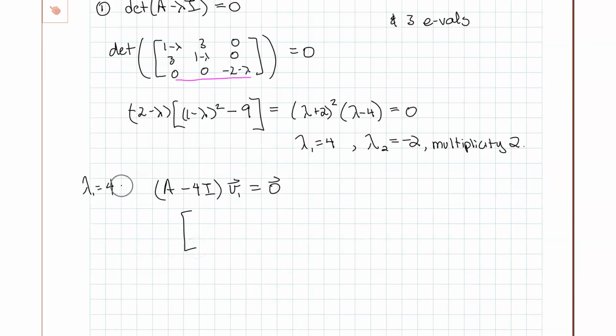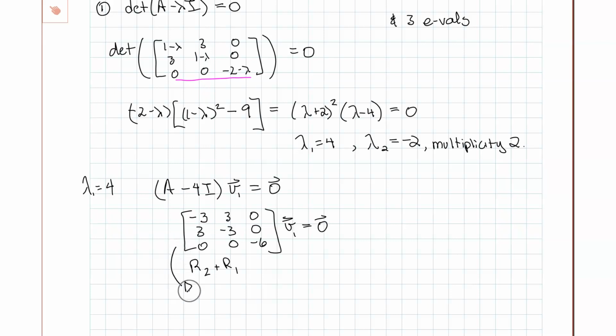And if we plug lambda equals 4 into our equation, we'll get negative 3, 3, 0, 3, minus 3, 0, and 0, 0, minus 6 times eigenvector v1 is equal to the 0 vector. And if we do one row reduction operation, say row 2 plus row 1, that gives us the system negative 3, 3, 0, 0, 0, 0, and 0, 0, minus 6, again with our eigenvector v1 equal to 0.